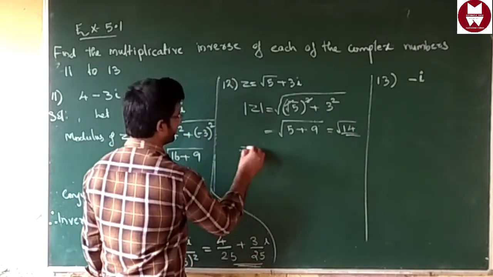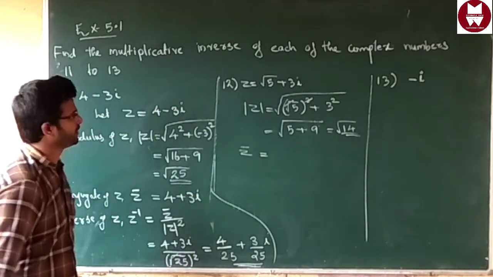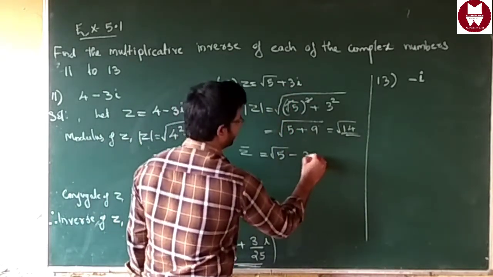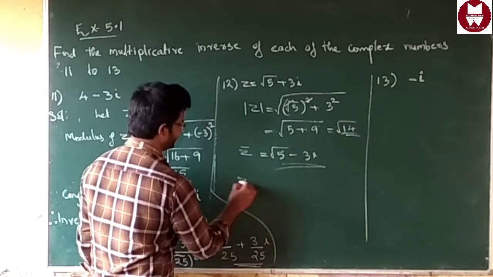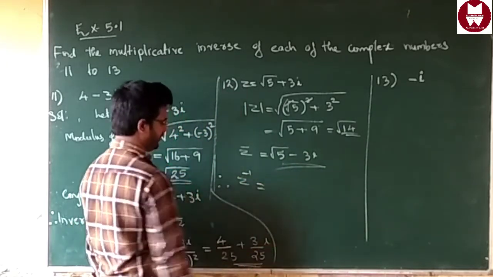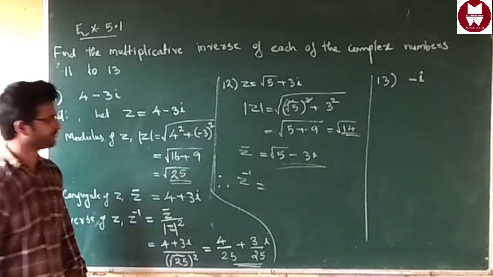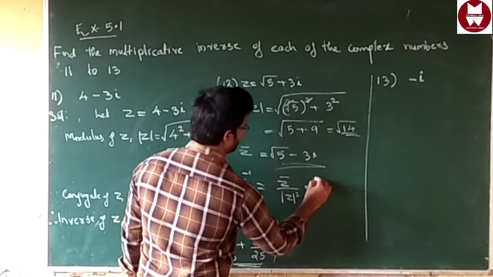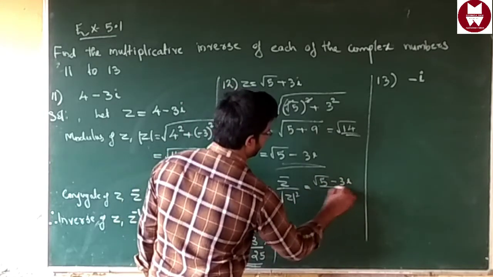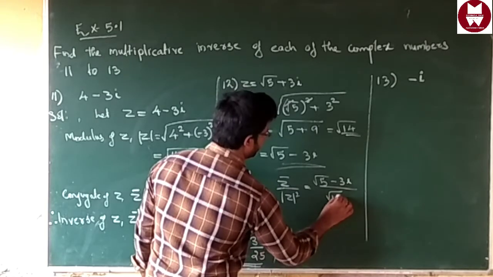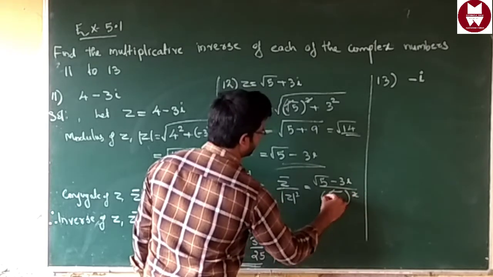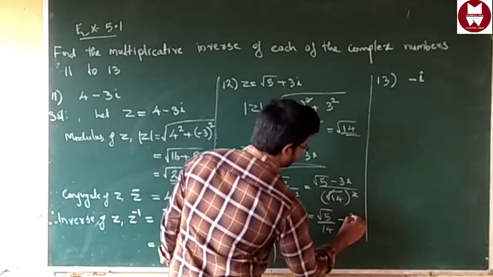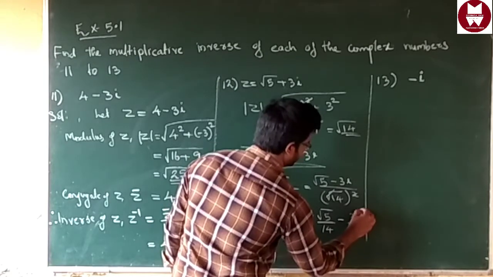Then the conjugate of the given complex number root 5 plus 3i: just change the sign, so root 5 minus 3i. Then for the inverse, we can directly use the formula, z conjugate divided by modulus of z squared, equal to root 5 minus 3i divided by the square root of 14 squared. Cancelling, we get root 5 divided by 14 minus 3 by 14i.